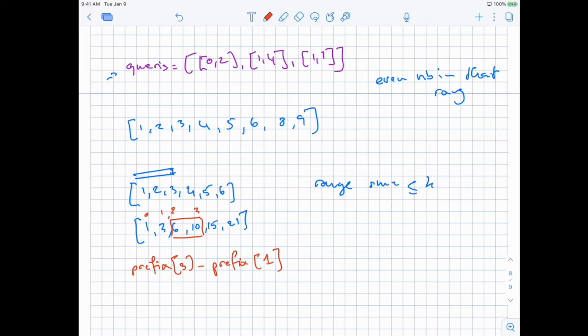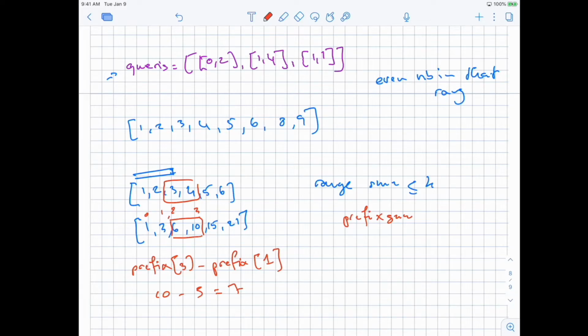That will give you 10 minus 3, which gives you 7. And 7 is exactly the sum of 4 and 3. So this is how we usually do operations with prefixes on an array: always think about prefix sum when you have a range and you want to do some accumulative calculation. Okay, so that's the first step.